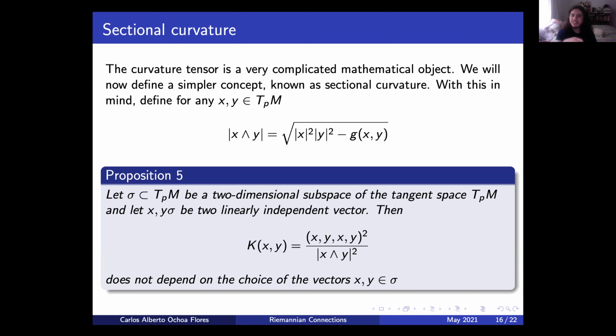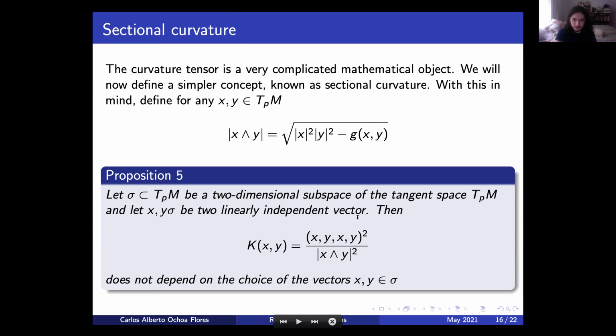That is essentially, fixing a point, the Gaussian curvature of a surface that passes through that point. So we fix a two-dimensional subspace sigma of the tangent space at P, and we let x and y be two linearly independent vectors.